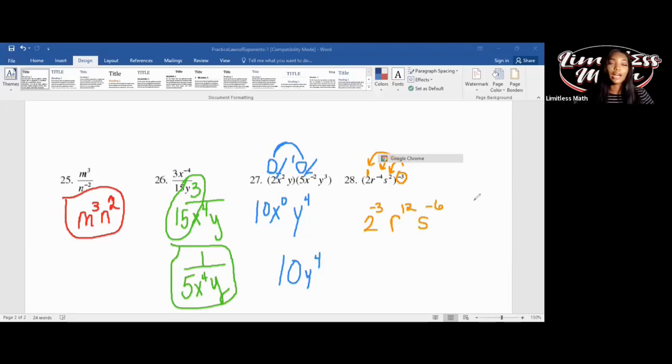Now, you cannot turn this in this way because you have unhappy people. Don't turn it in with negative exponents. We have to make them happy first, put them in the right position. So let's keep our r to the 12th up top because he's fine where he is. But the 2 to the 3rd power is not happy, so bring him down to the bottom with a positive 3. And bring the s to the bottom with a positive 6. And now everybody's happy and you can turn it in.